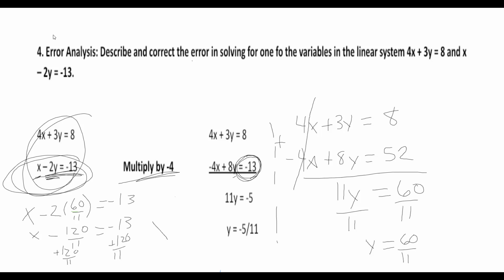Ran out of room, so I'm just going to write it over here. And if you put that in your calculator, you should get x equals negative 23 over 11. And remember the solution, I want a point. What's that point going to be? Negative 23 over 11, comma, 60 over 11.